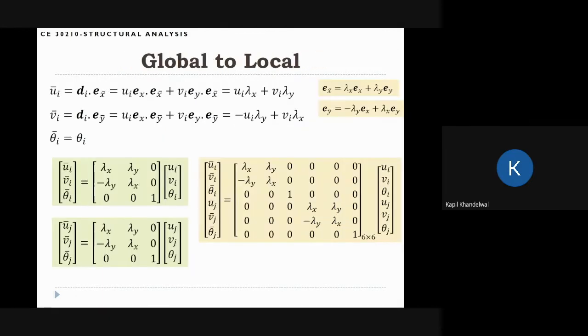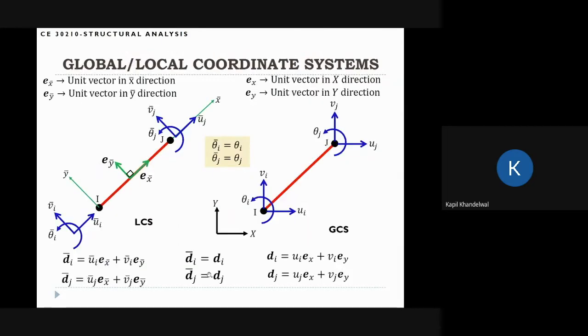To do the transformation, let's say that we want to find Ui bar in terms of Ui and Vi. We can take this vector Di and take the projection of this vector in the Ex bar direction.